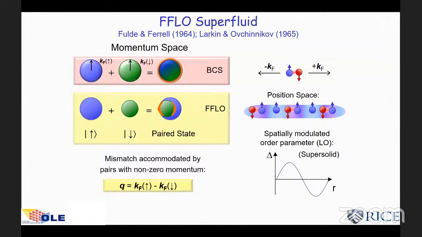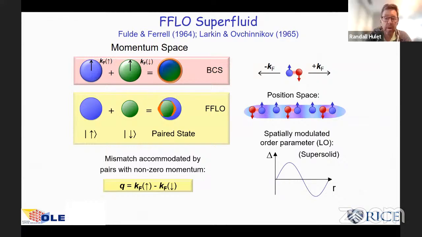So is this somehow related to a persistent current? No, that's a great question, but it's resolved by having an equal number of pairs going to the left as to the right. And so on net, there's no current. It's like a standing wave versus a plane wave.